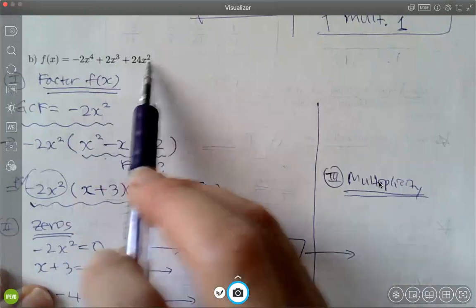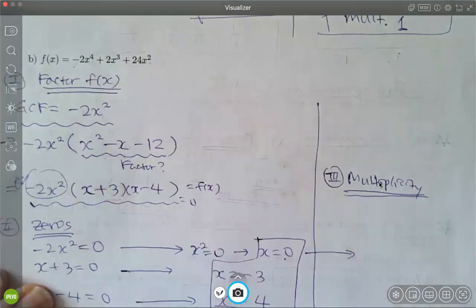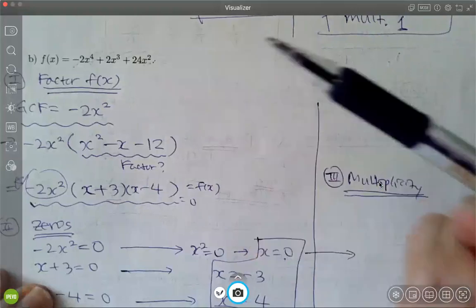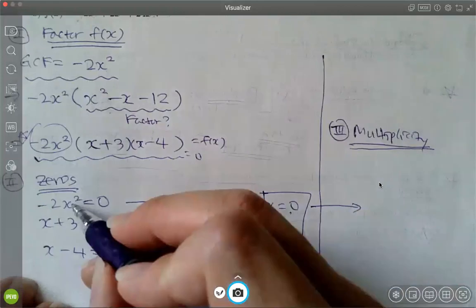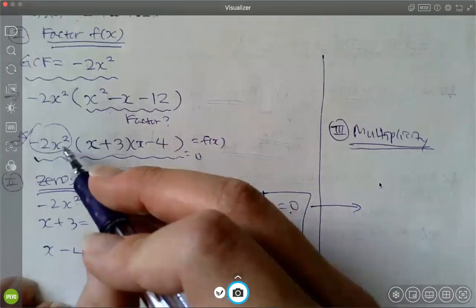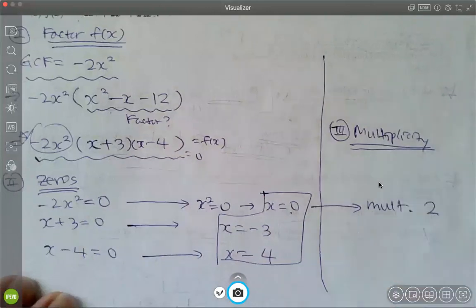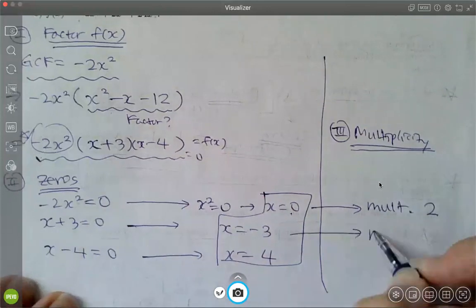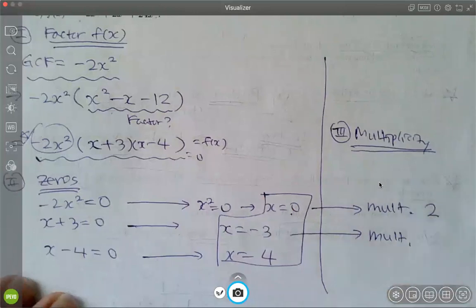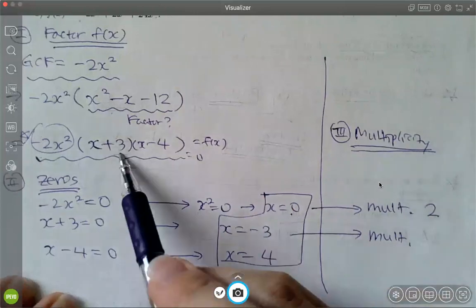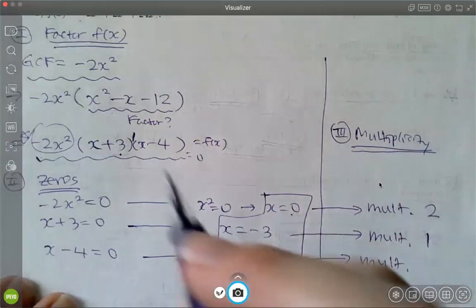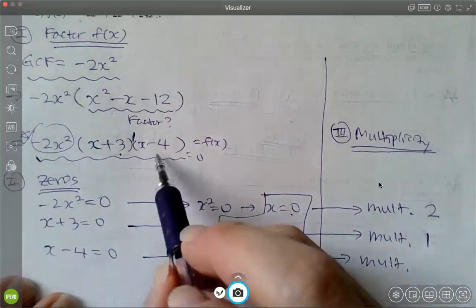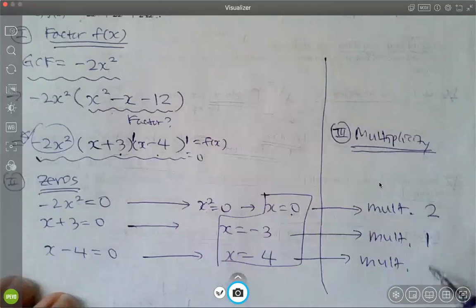You don't ever look at the original exponents to find the multiplicities unless it is factored, which it is not. So the multiplicity of 0 is that, which is 2. And now what is the multiplicity of -3? -3 came from x plus 3, whose exponent is 1, right? And what is the multiplicity of 4? 4 came from x minus 4, whose exponent is also 1. So it's 2, 1, and 1.